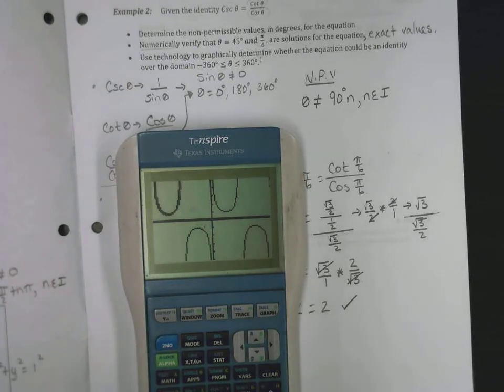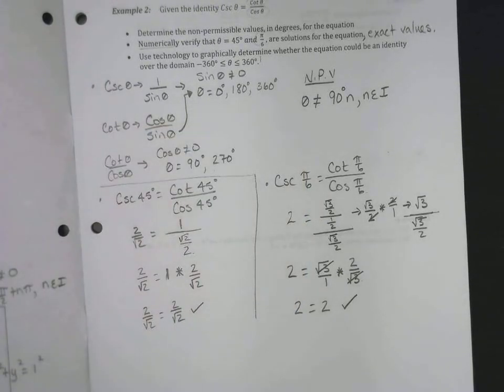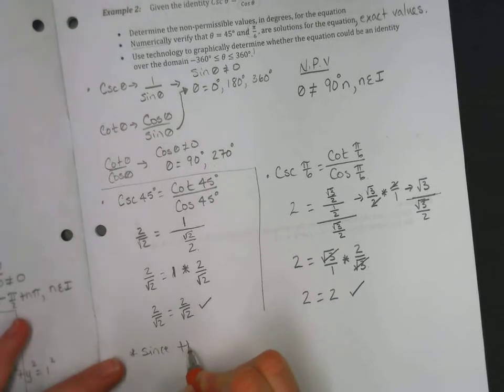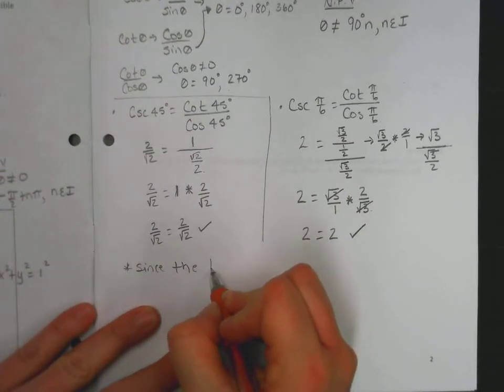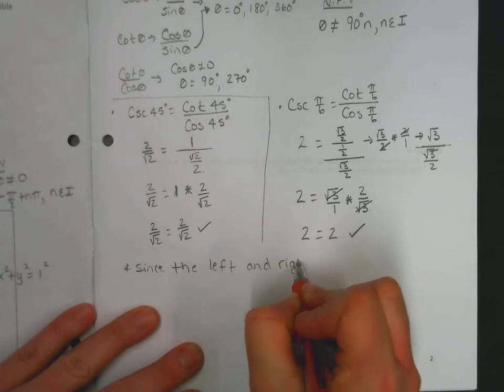All right, so it looks good. What can we say about this? We can say that the left and right side of the equation create identical graphs.